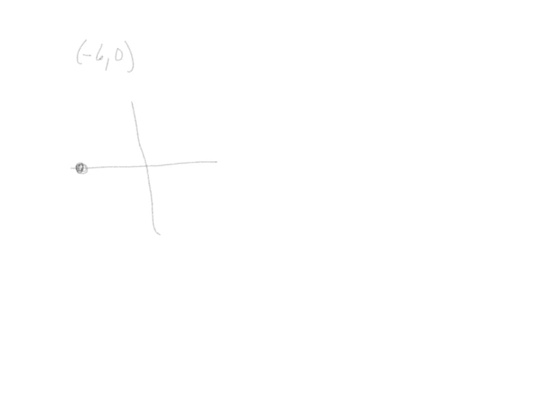Ask yourself, what angle would we have to travel to get to that point? What you could see is that you can travel from the 0 point all the way over to here. What angle would that be? What is our theta? In this case, our theta would be pi.